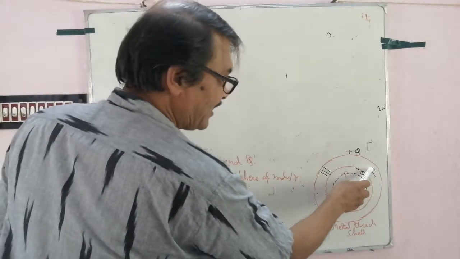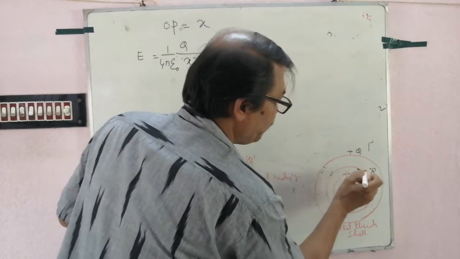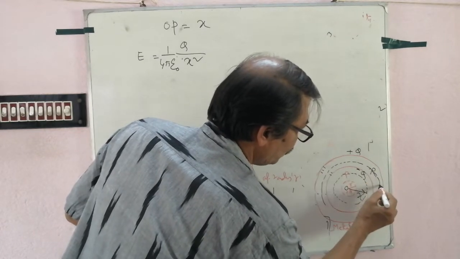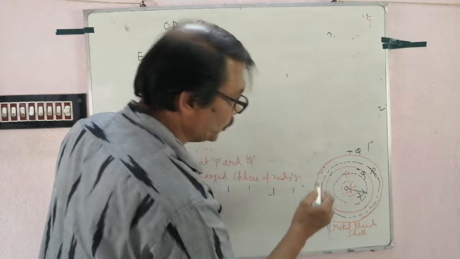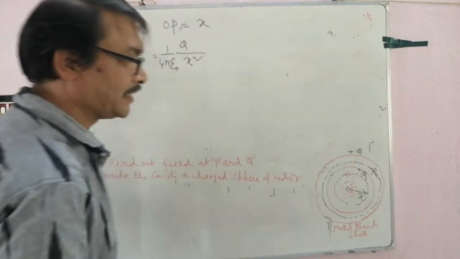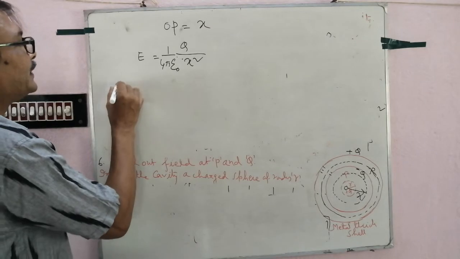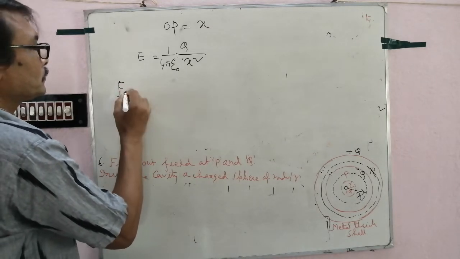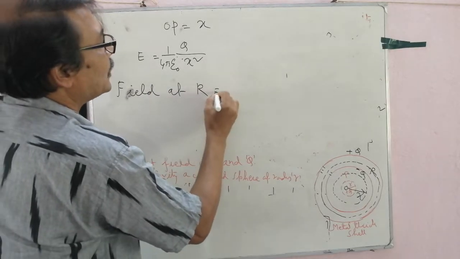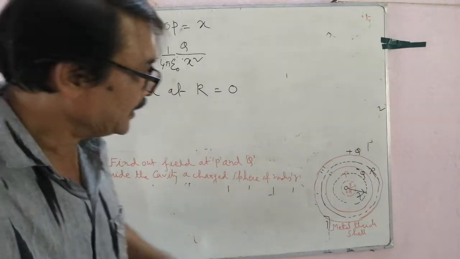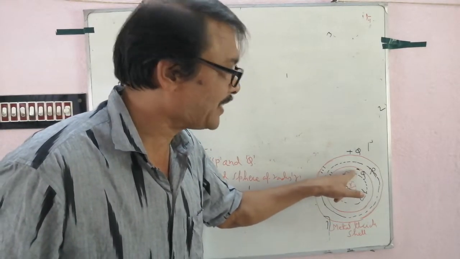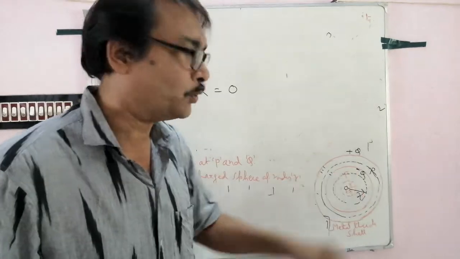So if you draw a Gaussian surface through R, inside the Gaussian surface the total charge, plus q and minus q, is 0. So the field at R equals 0.